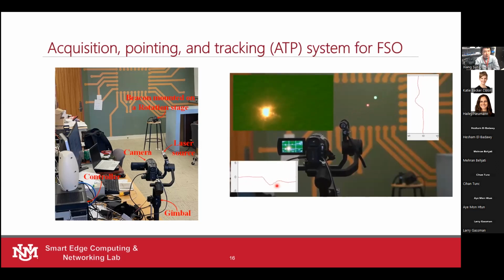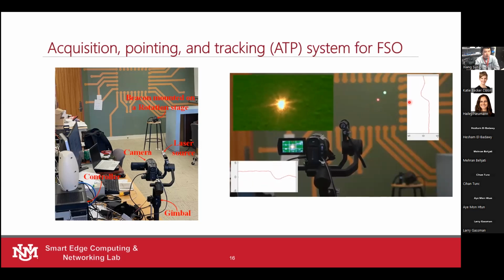In the video we have three parts. This portion shows the image captured by this camera, and those two parts indicate the angle of displacement in the pan and tilt directions.